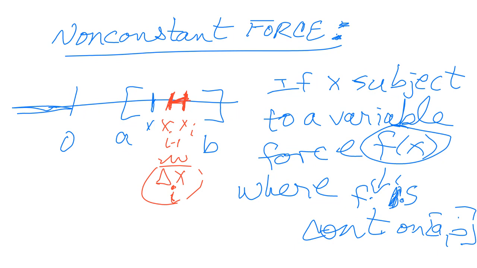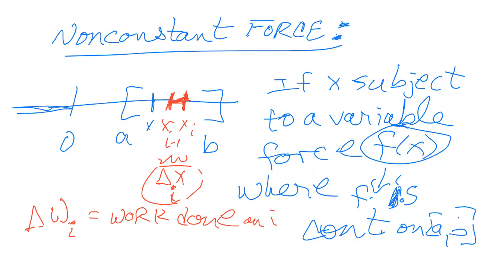So the change in the work for the ith interval is going to equal the work done on the ith interval. Okay, so that's the work done on the ith interval. All right, and then we can add them all up to get the total work.